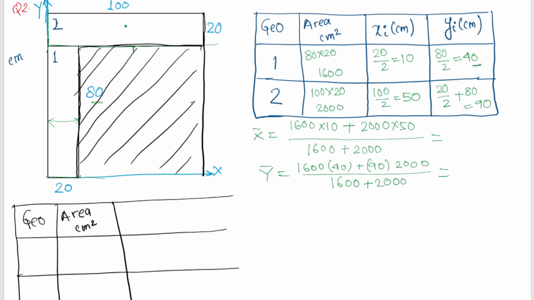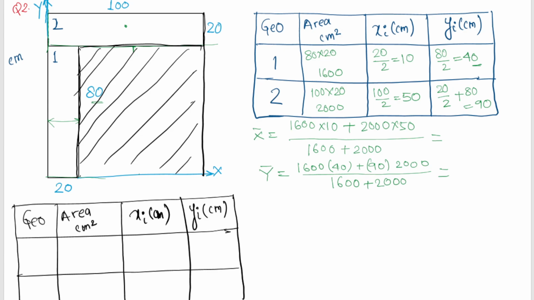Then we have xi in centimeter, and then we have yi in centimeter as well. So remember, this method is subtraction method. So we have two geometries, geometry 1 and geometry 2, and let's fill the unknown values, the blank values.